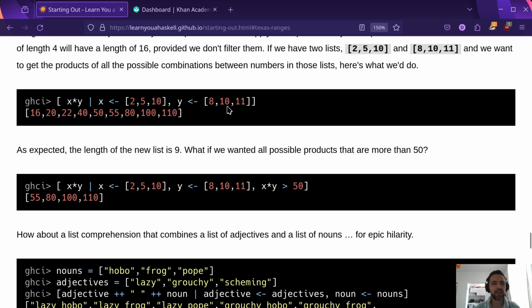So basically, in school, you would do 2 times 8 is 16, and then 2 times 10 is 20. But you would never make a list.